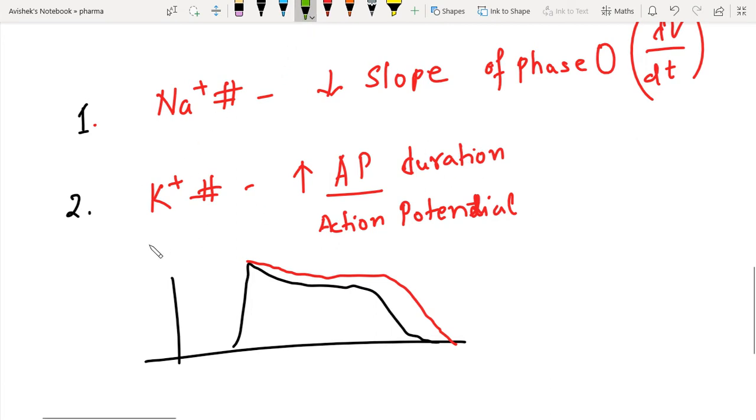So just opposite, if potassium openers, what they will do, they will decrease AP, action potential duration.